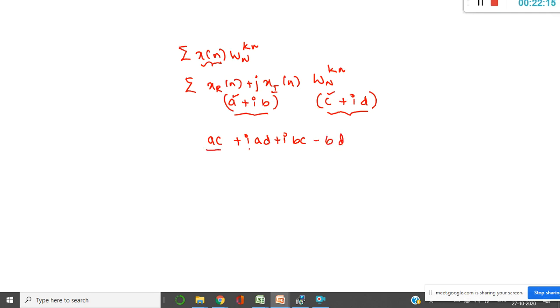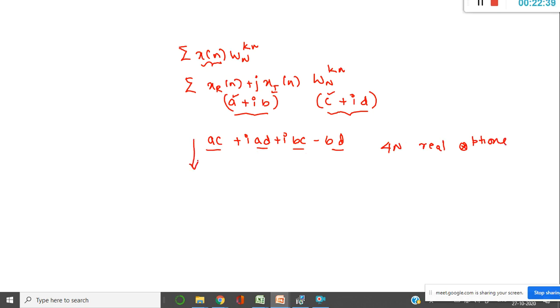Now look at this: how many real multiplications are we going to get? For each value of k we are going to get 4n real multiplications, is it not?